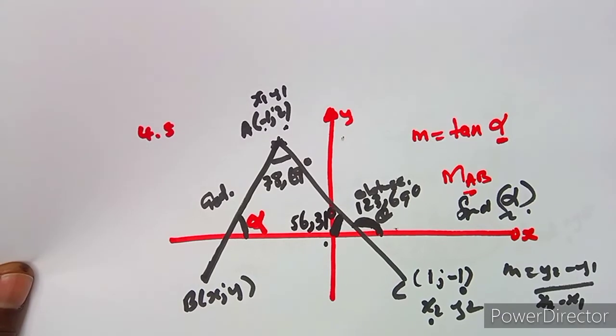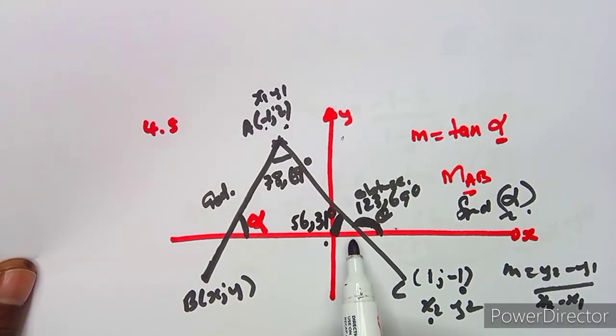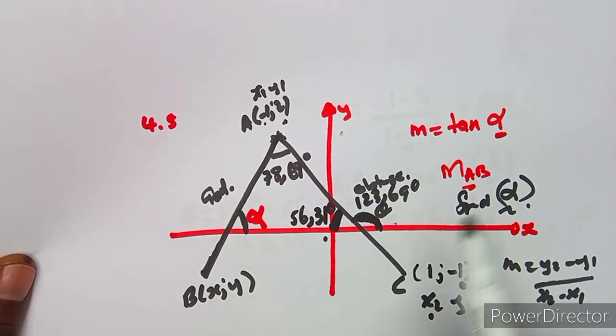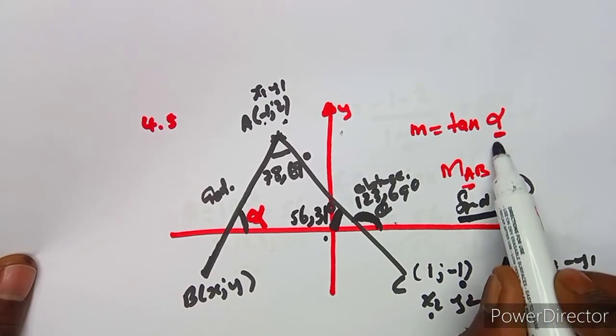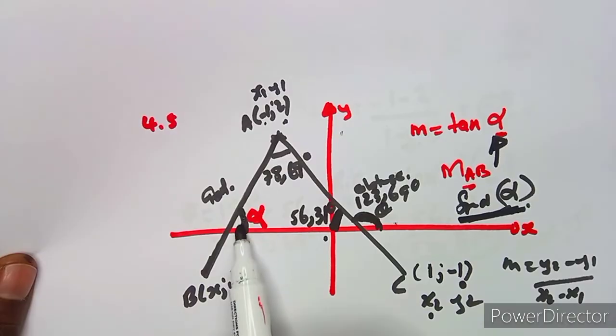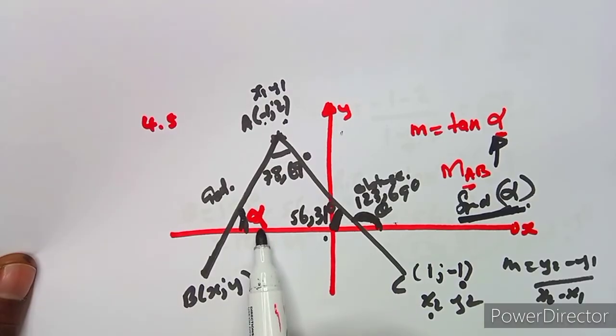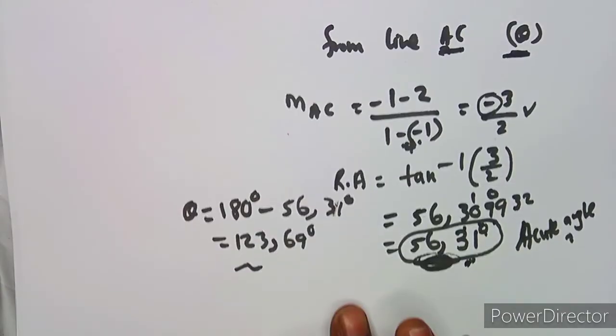So this is it, guys. We are now at this stage. Remember, our main aim is to find alpha, because we want the gradient of line AB, which is connected to alpha.